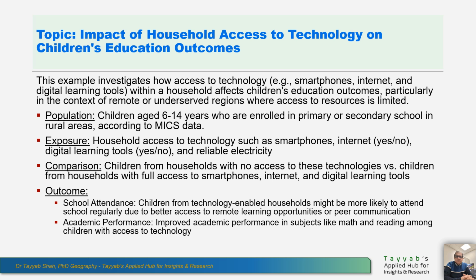First, we need to define the population. Again, we have different age groups of the population. In this case, we need to select the age group according to the school level, primary or secondary.